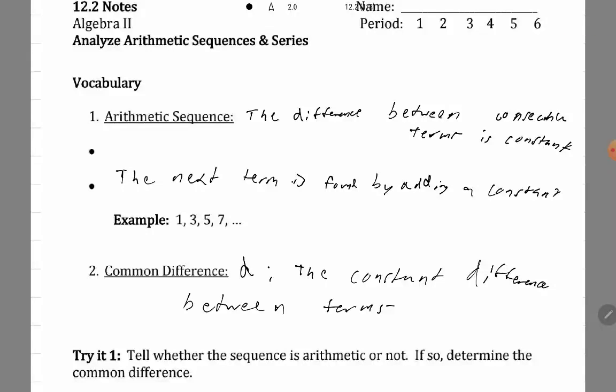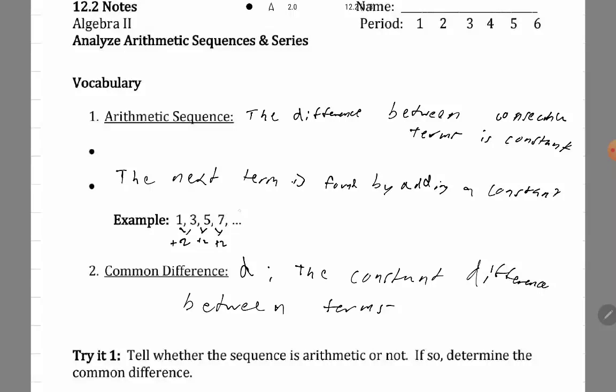An arithmetic sequence is one where the difference between consecutive terms is constant, and the next term is found by adding that constant. So, for example, we have 1, 3, 5, 7. That means our common difference here is plus 2. We're adding plus 2, plus 2, plus 2.